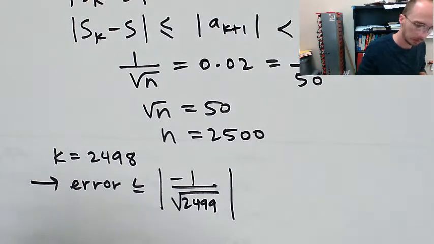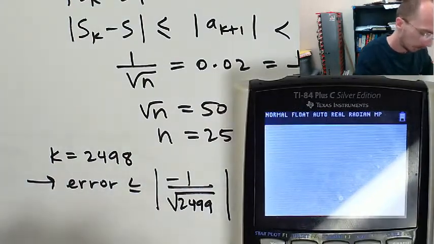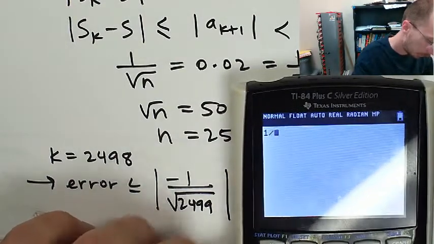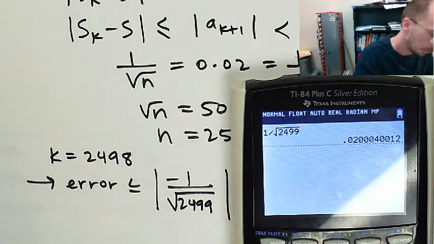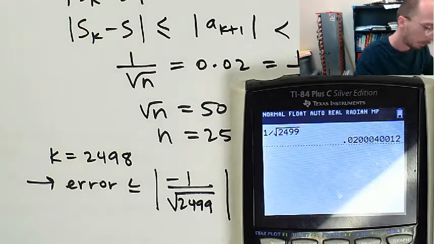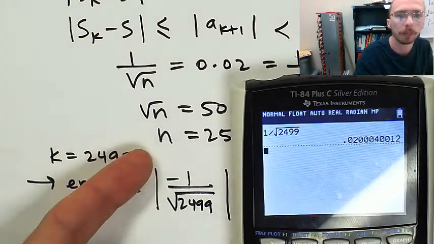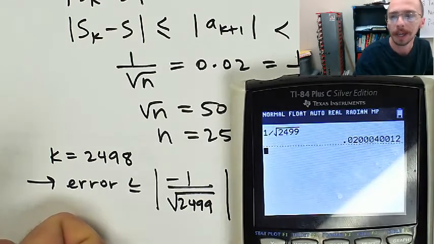All right, and then 1 over the square root of 2,499 is going to be 0.0200, whatever. Okay.